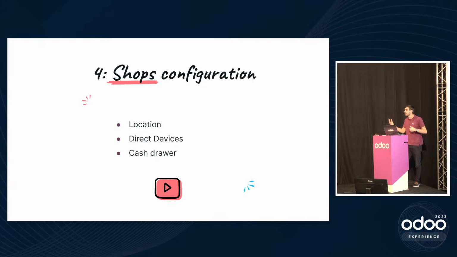But I will have more. Why? Because I will also manage the cash drawer and the direct device. So for example, for a printer, an e-printer, this kind of thing, and the cash drawer. So example, if in Miami, we have 2 cash drawers, I will need to create 2 shops. So in the end, we will have 3, and we will see together.